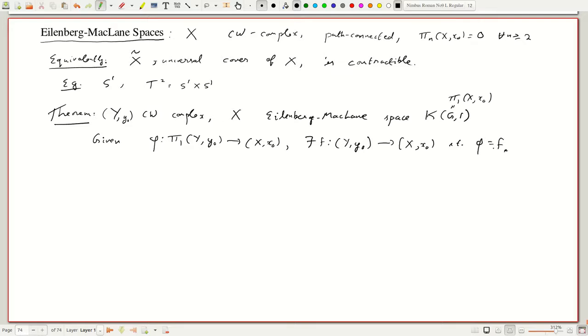Our next theorem will tell us that this is actually even unique up to homotopy. So that's what would justify saying that things are determined by these. But first of all, this is sort of reversing what you have with a functor. So you say the functor is, in this case, surjective. If the target is an Eilenberg-MacLane space, any homomorphism on fundamental groups is induced by a map of spaces.